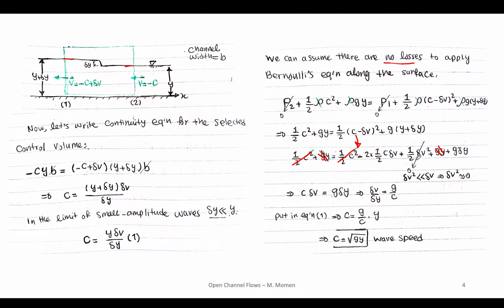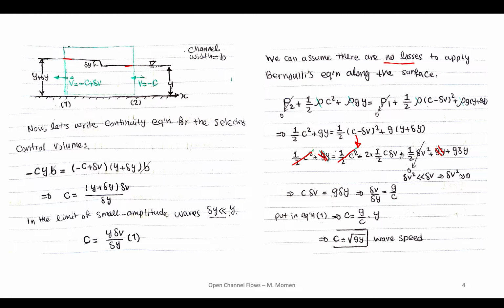And then I'm going to make another assumption. I'm going to assume that delta v squared, because this is a very small change in the velocity. I'm showing it with delta, so it can be like 0.1. So delta v squared is going to be much smaller than delta v, right? Because if you assume delta v is 0.1, then delta v squared is going to be 0.01, which is one order of magnitude smaller than delta v.